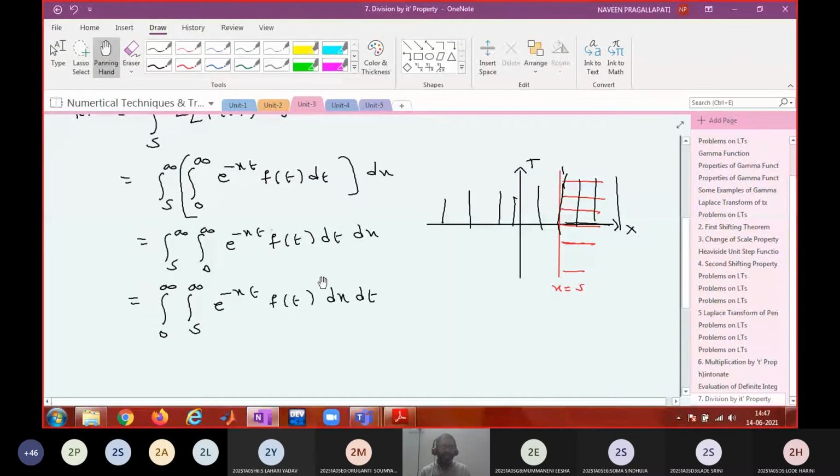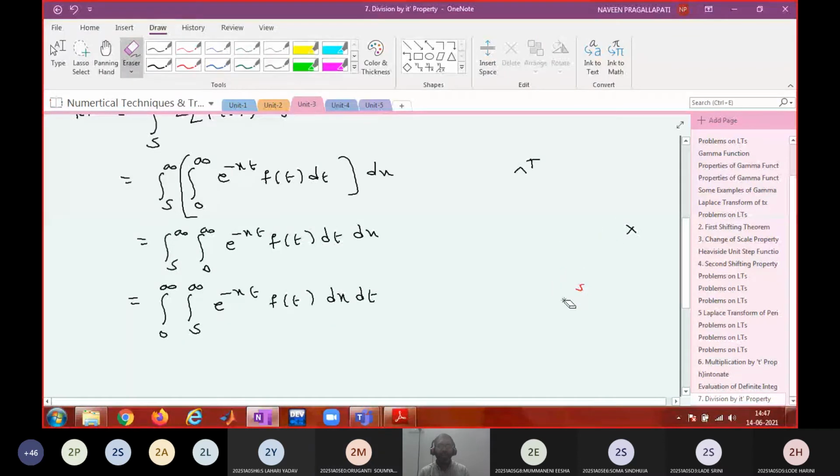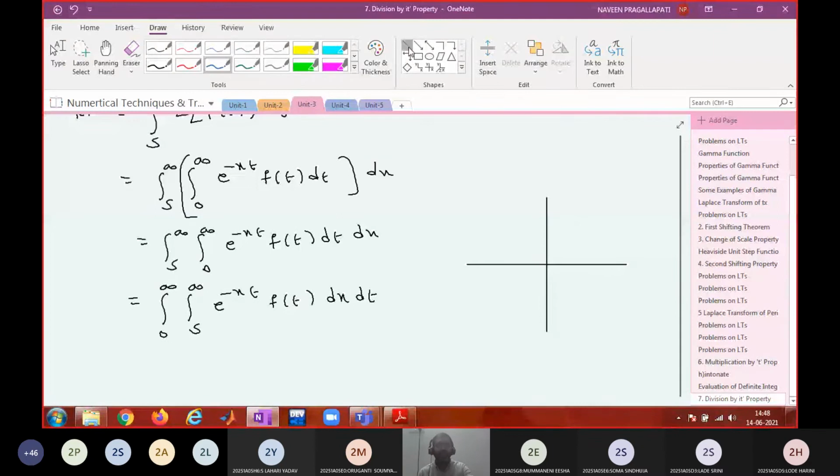Now, when you are integrating with respect to x, which one will be treated as a constant? f of t. f of t is a constant, therefore f of t will be treated as a constant. So you integrate e power minus xt with respect to x and simplify.